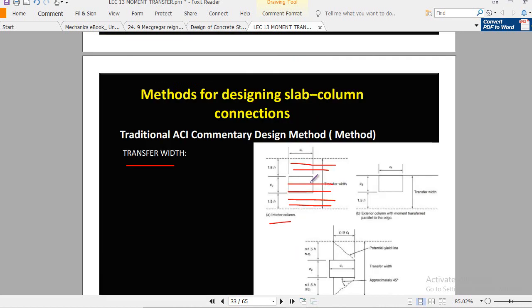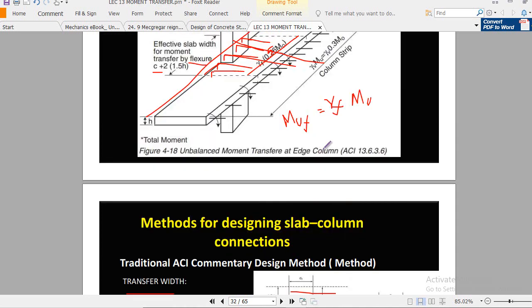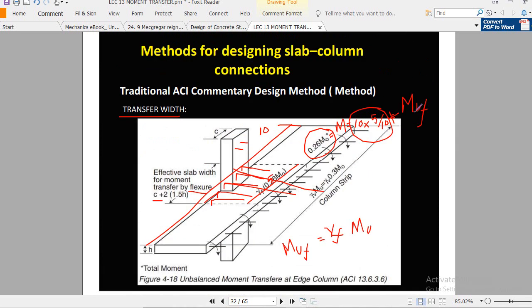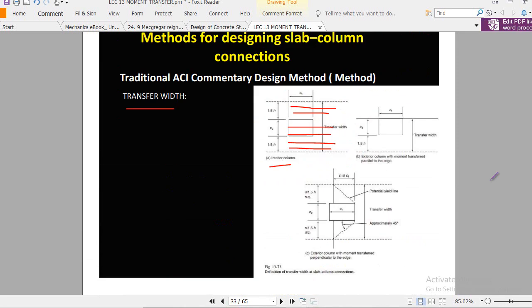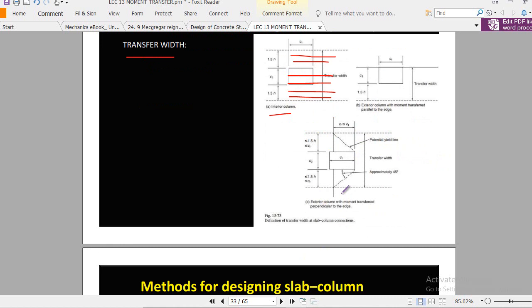And how to calculate this reinforcement: it will be calculated by using this equation, okay? So in the case of the exterior column with moment transfer, you see here this is the transfer width and this is C2 plus 1.5 H, okay? And similarly this limitation is also important. Sometimes this is the edge of the slab and the column is a little bit cantilevered from the edge of the slab, so in that case you see here this is C1, right?